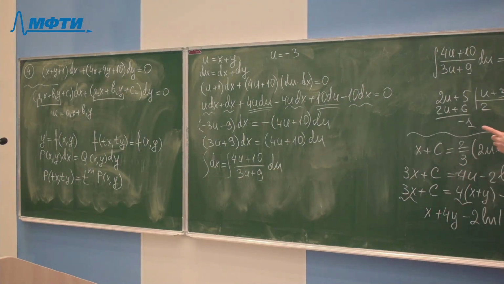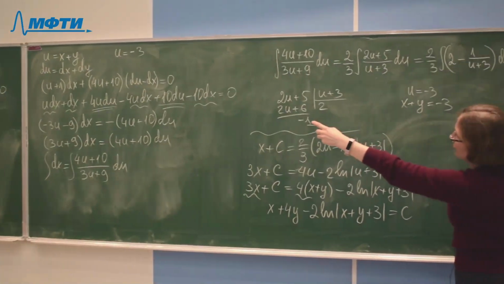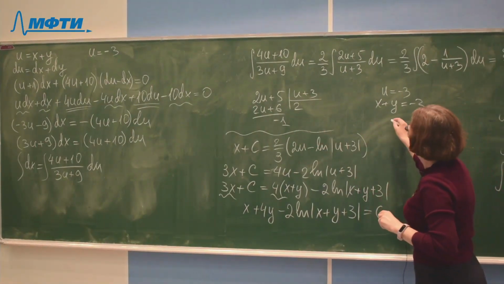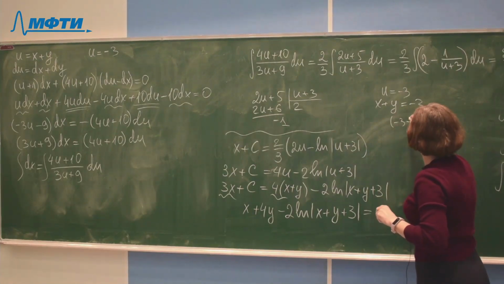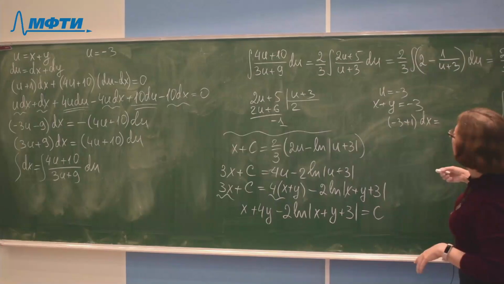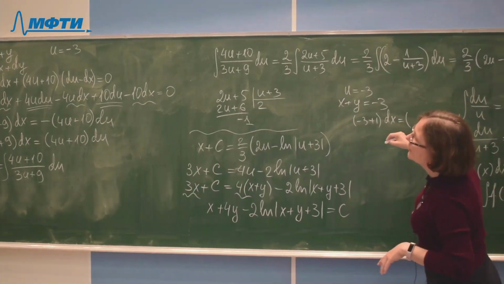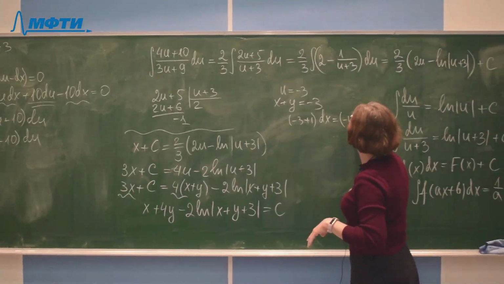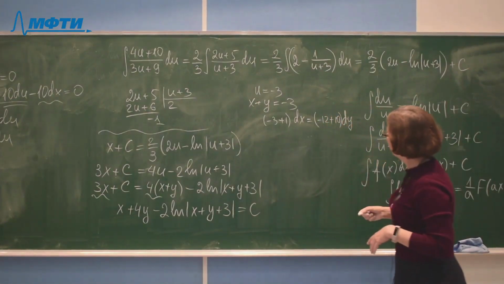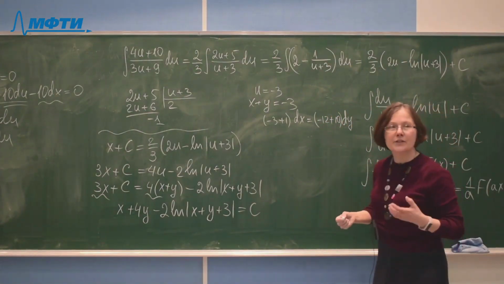Then we have the following. Let's substitute this into our original equation. We will get minus 3 plus 1 dx equals minus 12 plus 10 dy. Is it an identity or not?